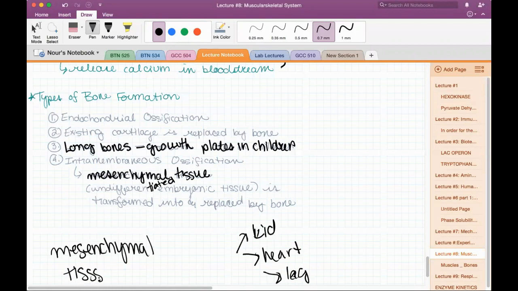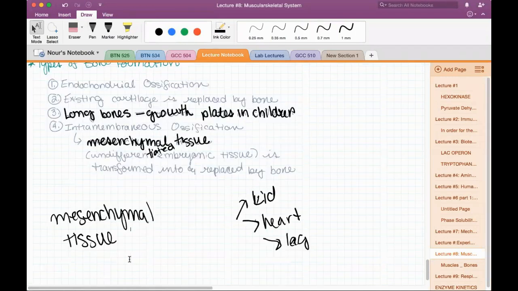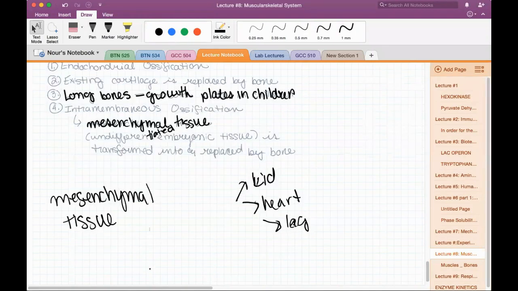Its fate has not been determined yet, or rather declared, in a sense. It hasn't been changed to anything yet. So intramembranous ossification is when this mesenchymal tissue is transformed into bone and replaced. That's basically a way of making bone from undifferentiated tissue. Does that make sense? Okay, good.